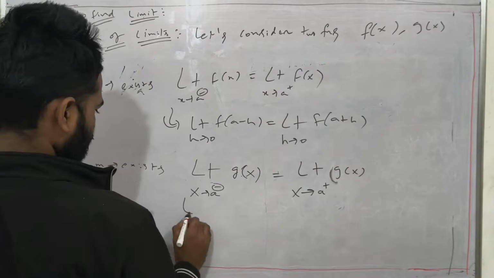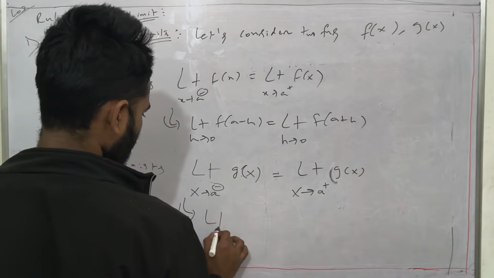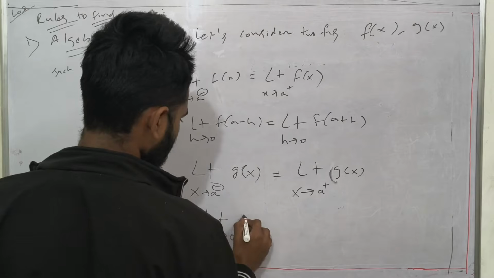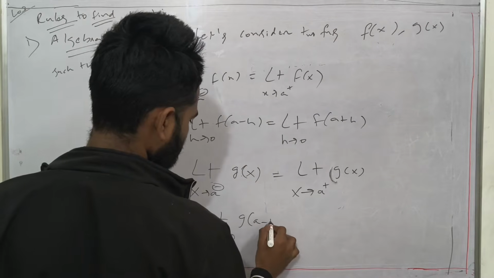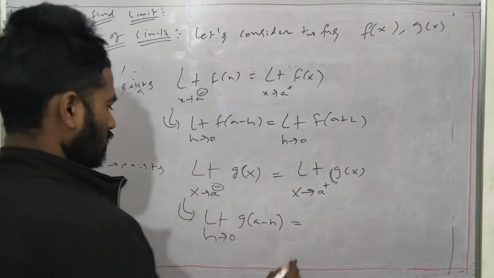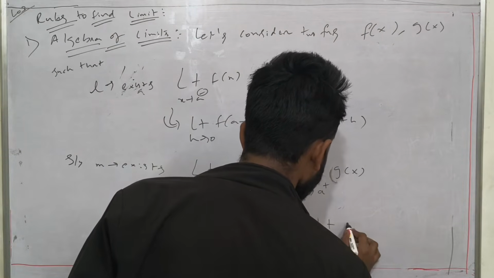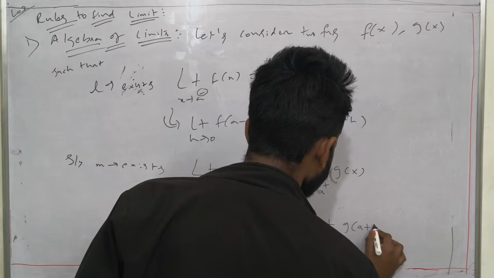This is again equal to limit h tends to 0 g of a minus h equals limit h tends to 0 g of a plus h.